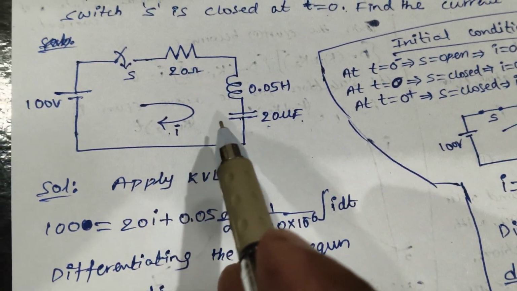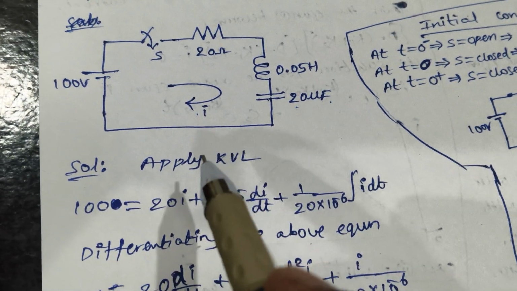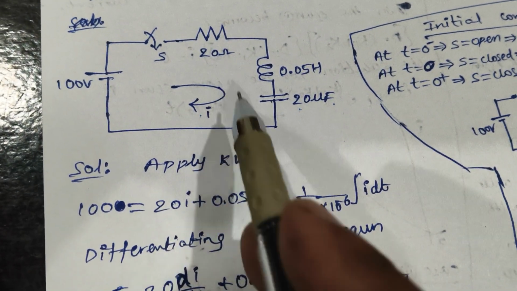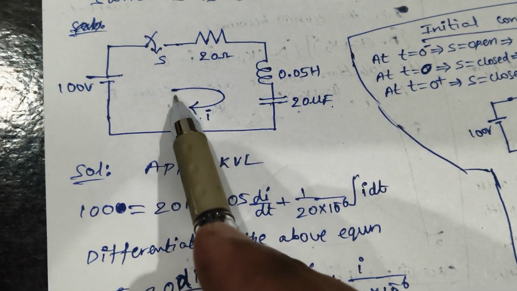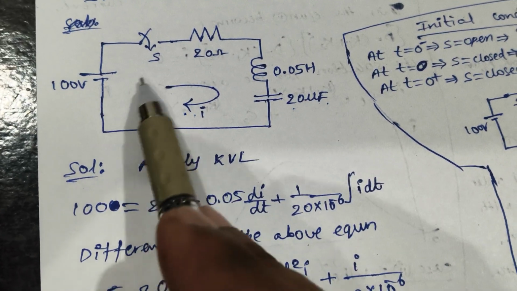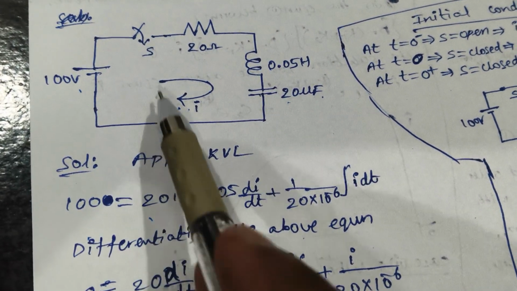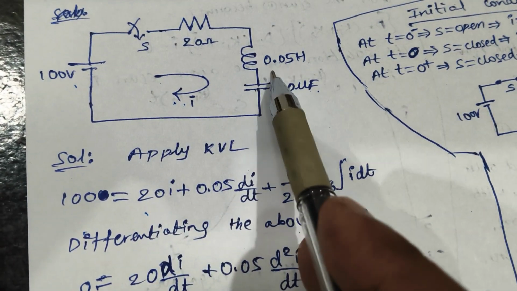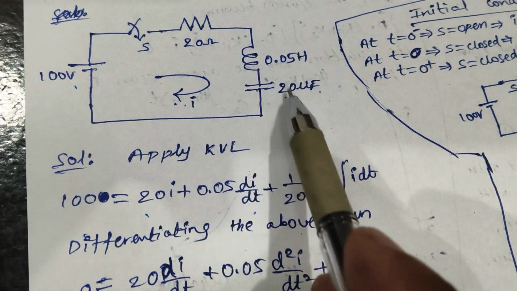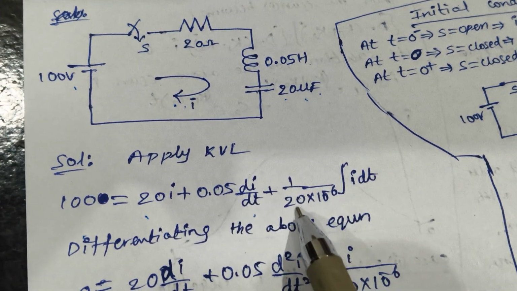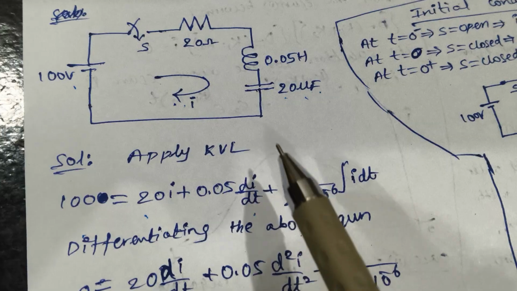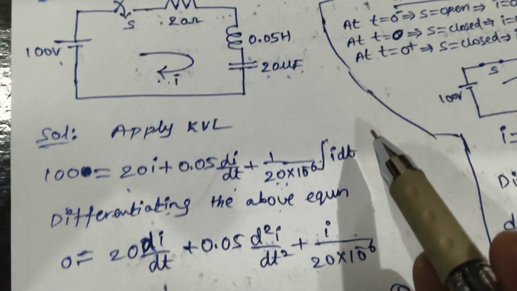As a first step, for these transient problems, apply KVL and find the differential equation. By applying KVL, 100 volts equals 20 I plus 0.05 di/dt plus (1 / (20 times 10^-6)) integral of I dt.